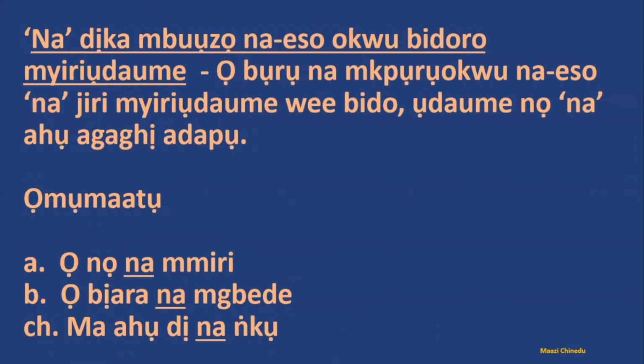Na dịka mbụ ụzọ na-eso okwu bidoro mmiri ụda ume. Ọ bụrụ na mkpụrụ okwu na-eso na jiri mmiri ụdaume were bido, ụdaume nọ na ahụ agaghị adapụ. For example, ọ nọ na mmiri. We know that we only have two semivowels in Igbo language, which is m and ng.